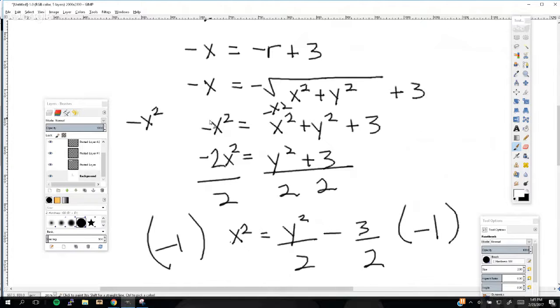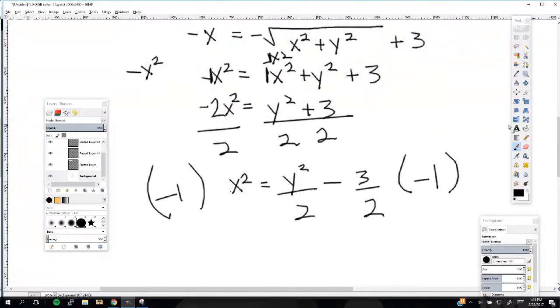And so we put a 1 in front of both, and it becomes negative 2x squared. Oh, okay. That makes sense.